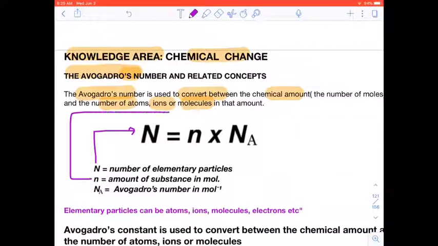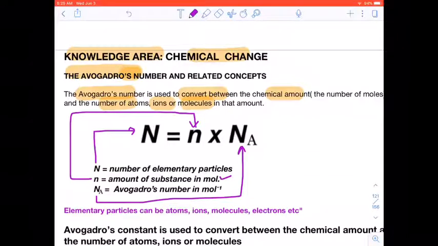Small n is equal to the amount of substance, and its unit is mole. Na, which is the Avogadro's constant, has the unit mole per mole.